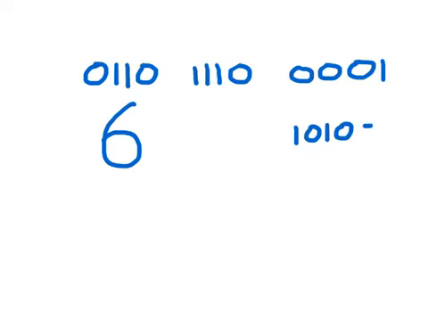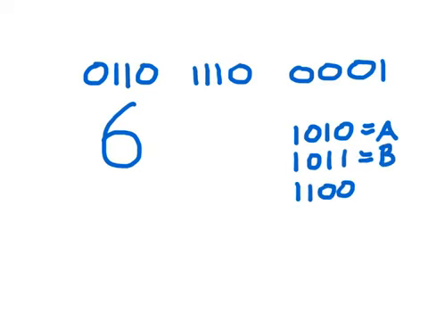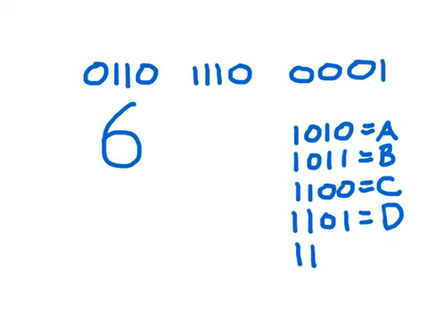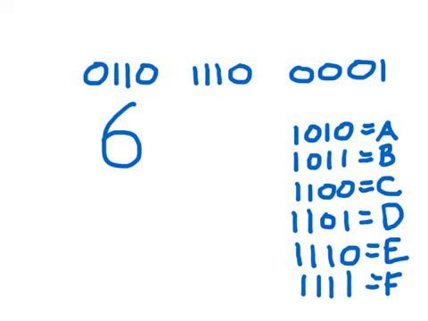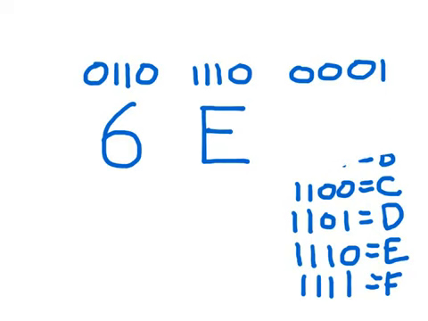We know that 10 is A, 11 is B, 12 is C, and then D, E, and finally F. So all we have to do is match this to the table, and we will see that we want E. And then the last number is very easy, it's just 1.